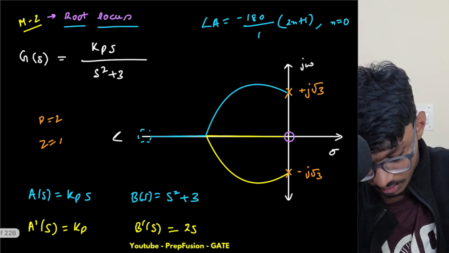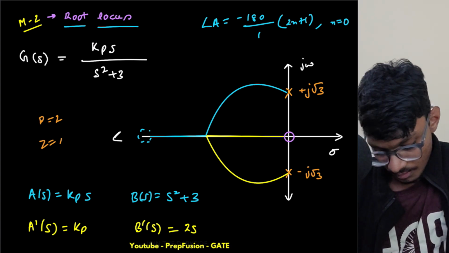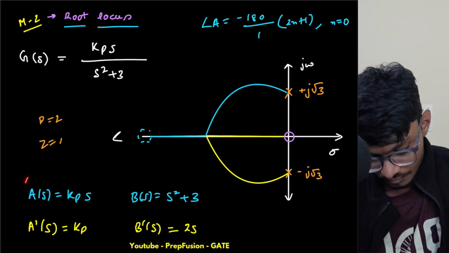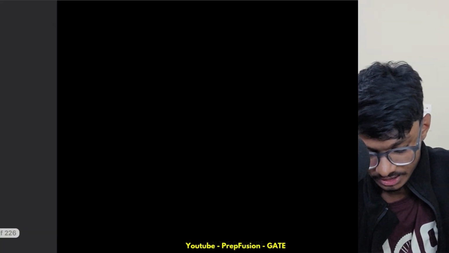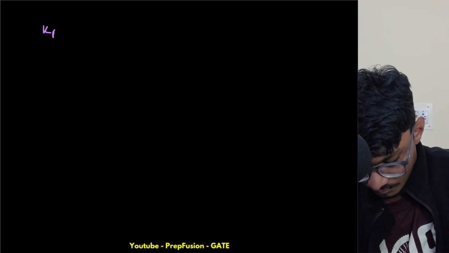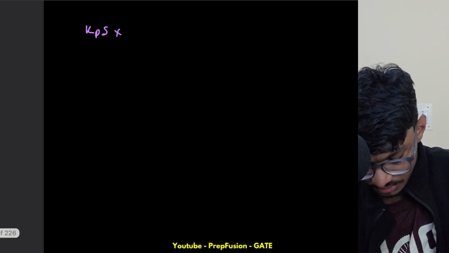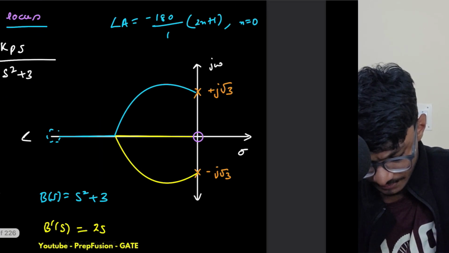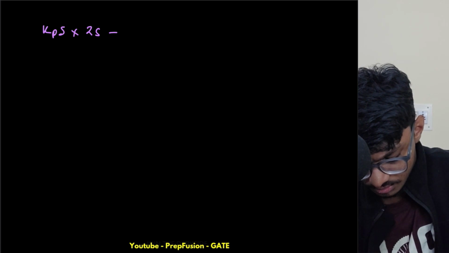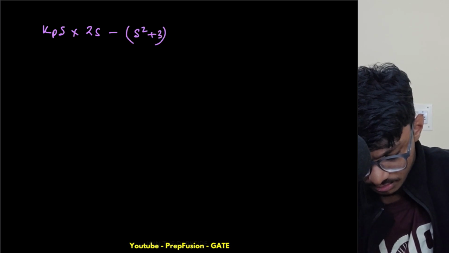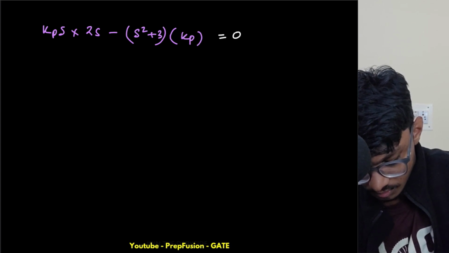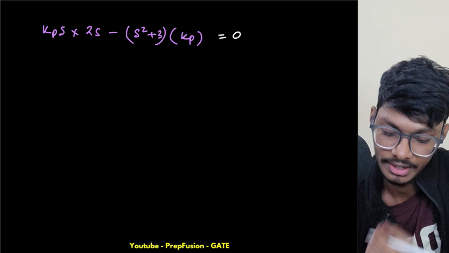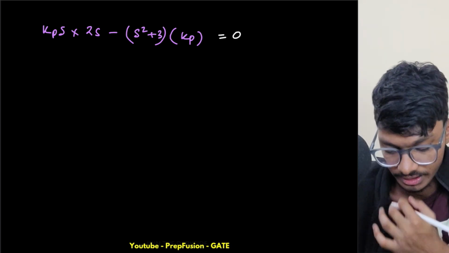Now what next? A of s into B dash of s minus B of s into A dash of s. So Kp s into 2s minus (s square plus 3) into Kp equals 0. Obviously Kp can't be equal to 0, so I can eliminate Kp.